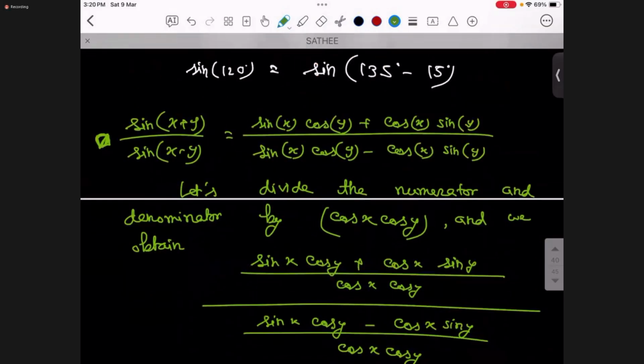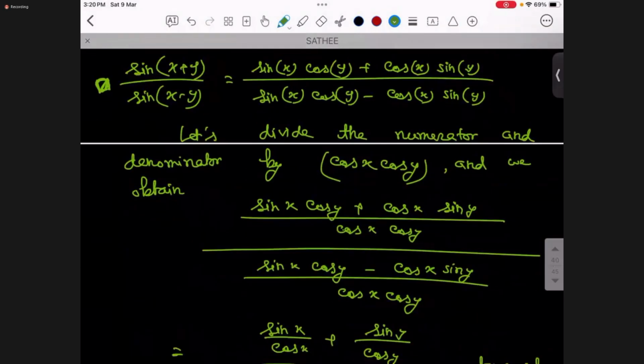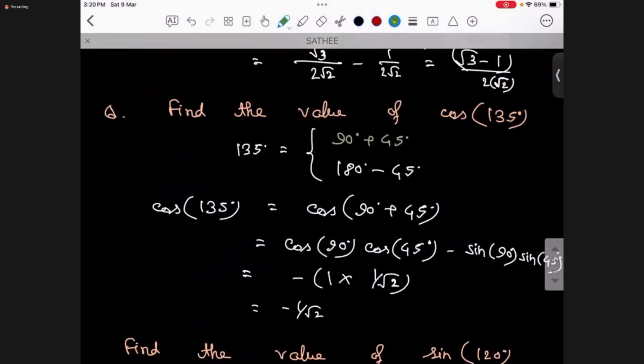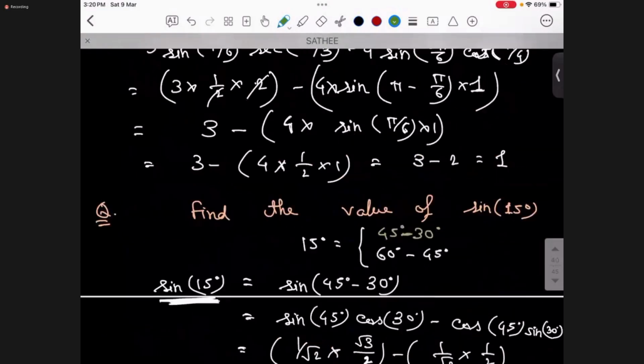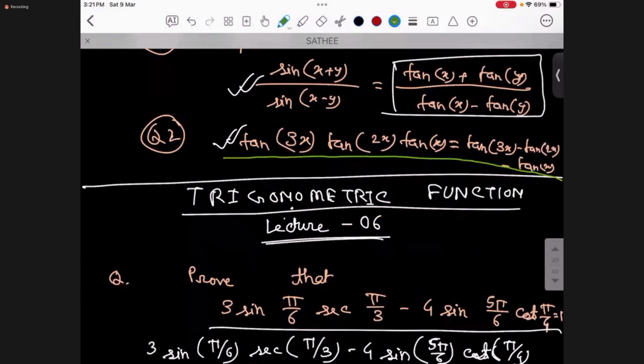Now, what about the next question? The next question was tan 3x tan 2x tan x equals tan 3x minus tan 2x minus tan x.